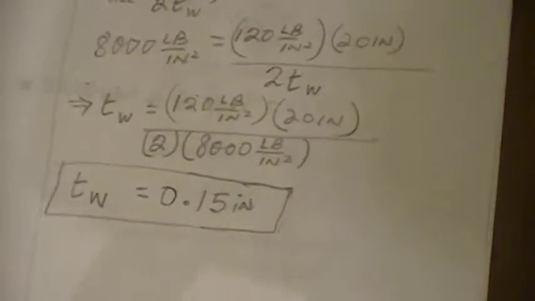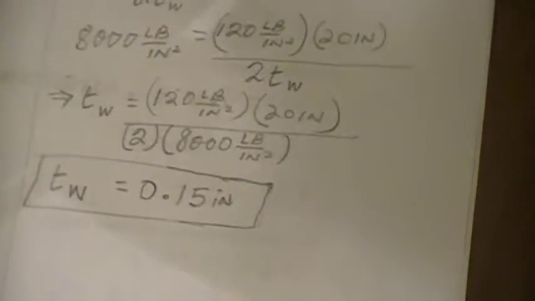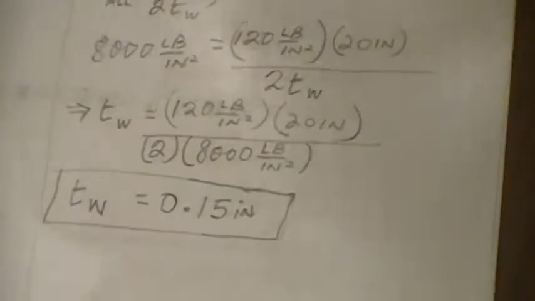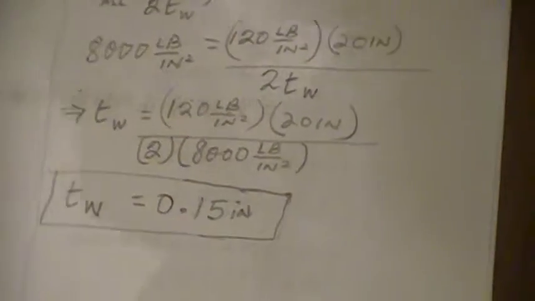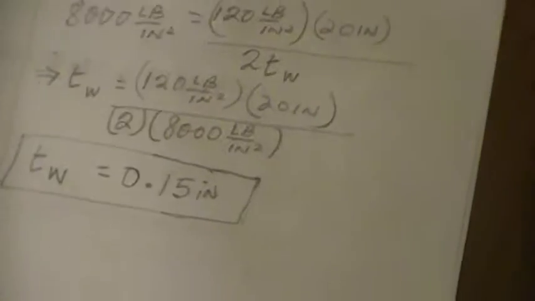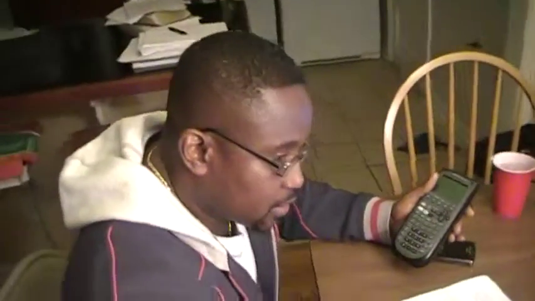So our equation becomes T equals 120 times the 20, which is the R you deduce from the diameter given in the problem, divided by 2 times the 8,000 pounds per inch squared. And with that, the math gave me 0.15 inches as the minimum thickness of the wall.